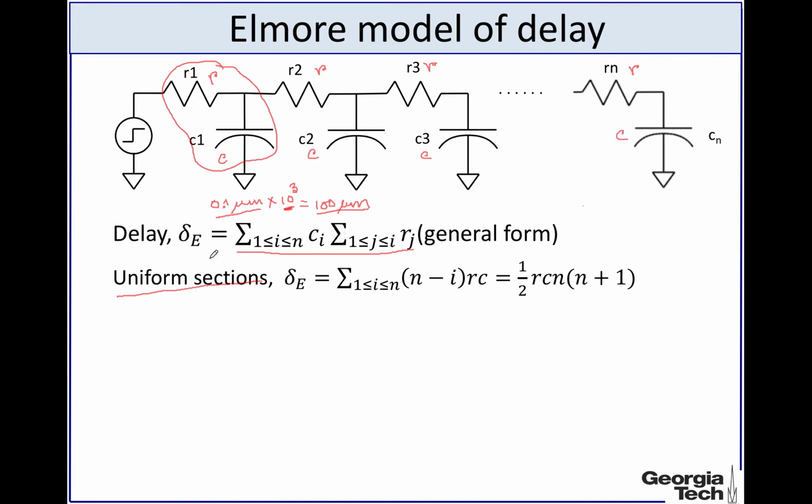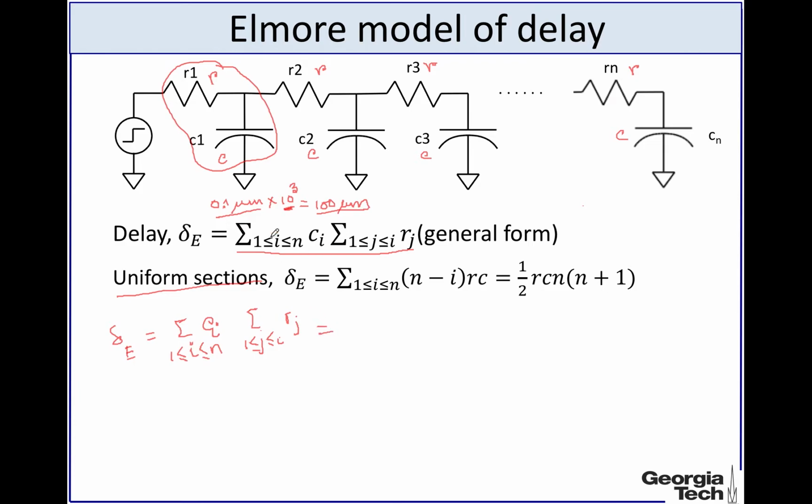Alright, so this equation says that delay will be given by the sum over i of C_i multiplied by the sum over j of R_j, from 1 to i.